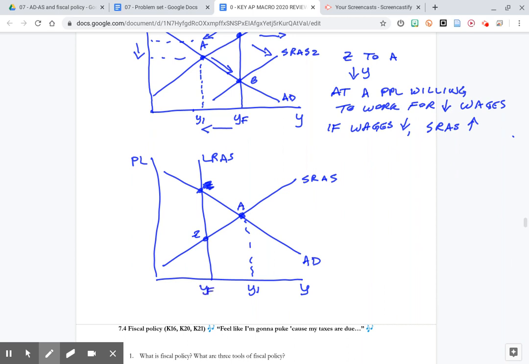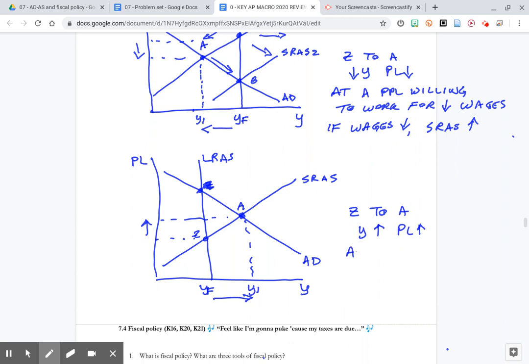And so we went from YF to Y1, and then we also increased prices. From Z to A, Y went up, and PL went up.